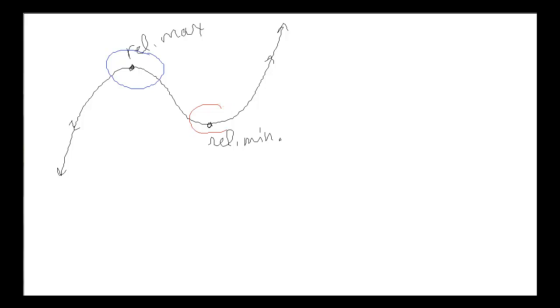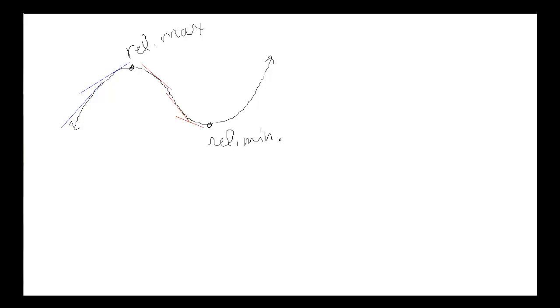Now, what I want you to keep in mind here, and I'm going to go back a little bit, is the fact that if we notice what's going on to the left and to the right of our relative maximum, the slopes of the tangent lines to the left are all positive, right? Because we're increasing going up to the relative max. And then to the right, they're all negative.